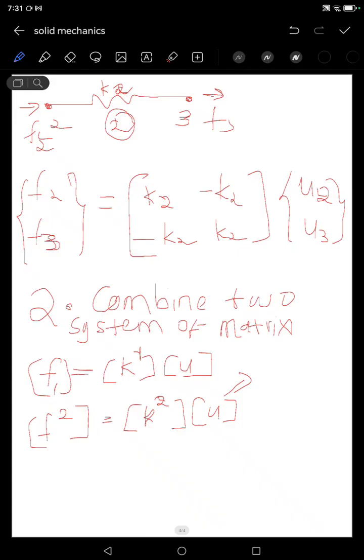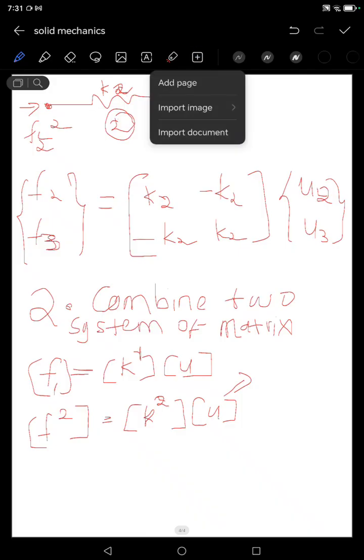To see that it's a 3 by 3 matrix, you just check your system and how many nodes you have. We have 1, 2, 3, which means at the end we'll have a 3 by 3 matrix. So how are we going to write this matrix? Remember, we're going to combine element 2 and element 1. Let's move forward.